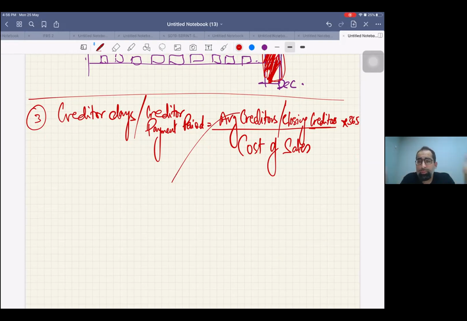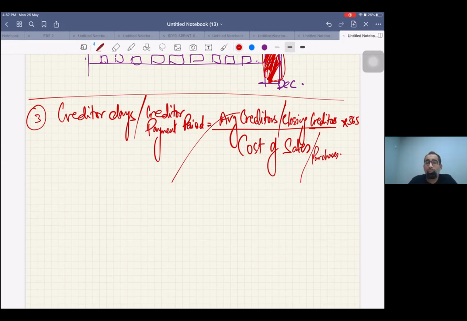But if opening creditors are not given, then we have only one option: closing creditors divided by cost of sales times 365. Sometimes in some books there is one more formula written with purchases in the denominator, but in 90% of the latest questions, purchases are not given. So we can use cost of sales instead of purchases, right?